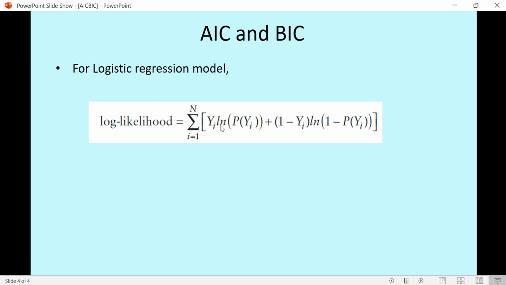Here it is yi times the log of the probability of yi from the model, plus 1 minus yi times the log of 1 minus the probability of yi. So if yi is 1, this is the probability of 1 and that is the probability of 0, because logistic regression models and predicts the class label 1 or 0. This is the log likelihood calculation in logistic regression.